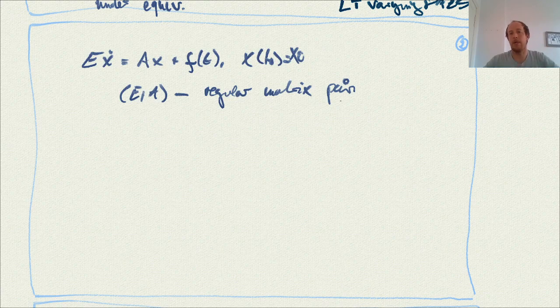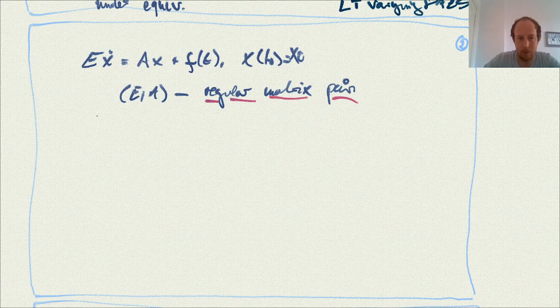So we were arguing that this should be regular because we want to approximate the solution, and if there's no solution, then there's no sense in approximating it, and if there are infinitely many, then we cannot expect something useful out of a numerical approximation, because it's not clear which solution is approximated. So a regular matrix pair is very fundamental and basic.